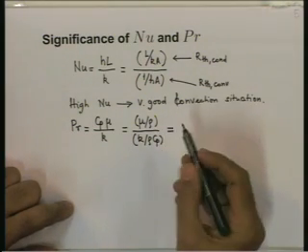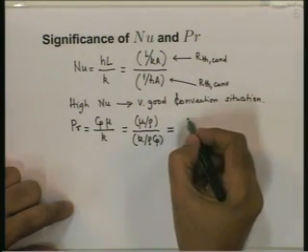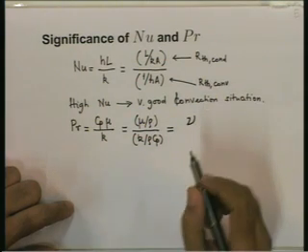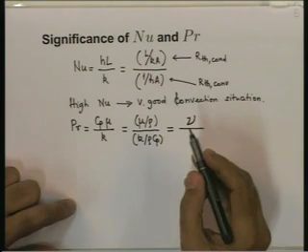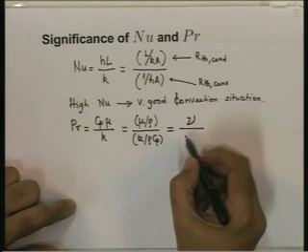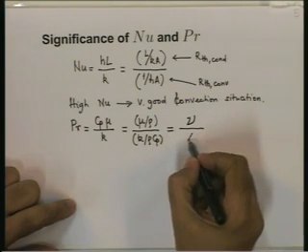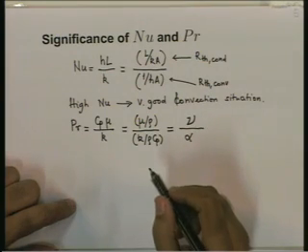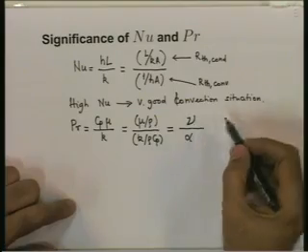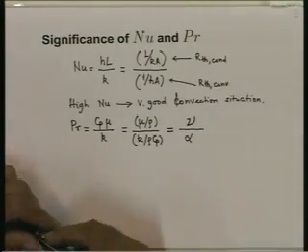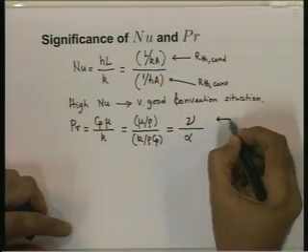We know that mu by rho is the kinematic viscosity, usually represented by nu, and K by rho Cp is the thermal diffusivity alpha. Notice that both have units of meter square per second, area per unit time. And what does the numerator represent?